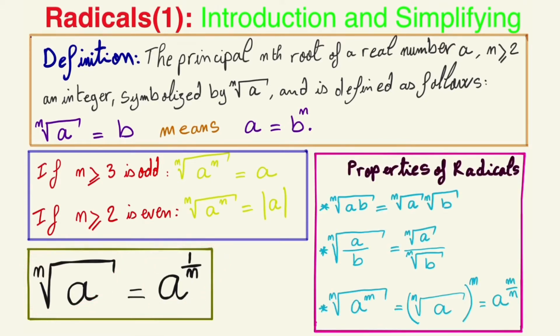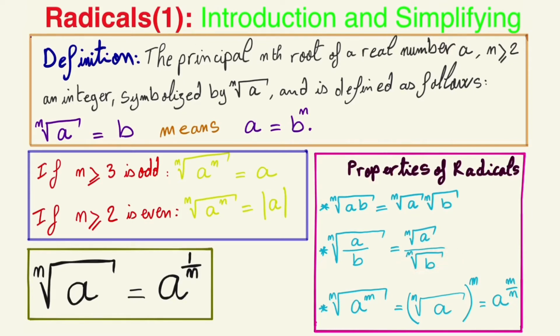And the properties of a radical: the nth root of a times b is equal to the nth root of a times the nth root of b. And the nth root of a over b is equal to the nth root of a over the nth root of b.